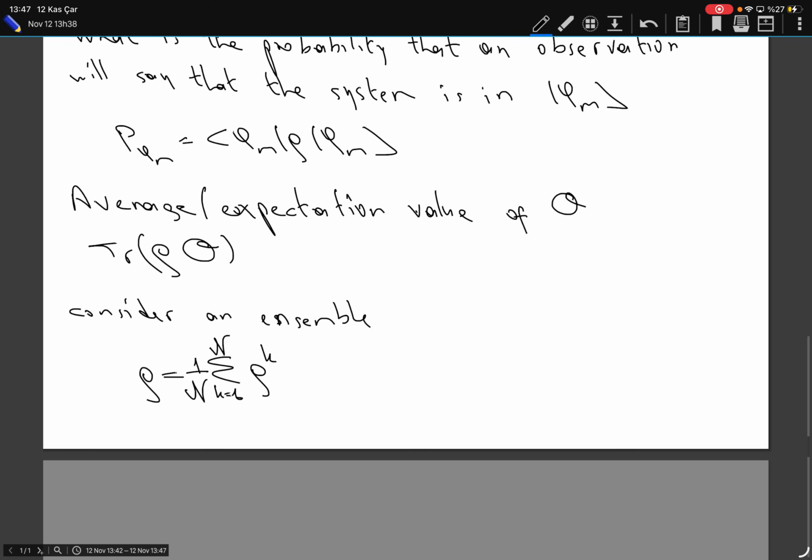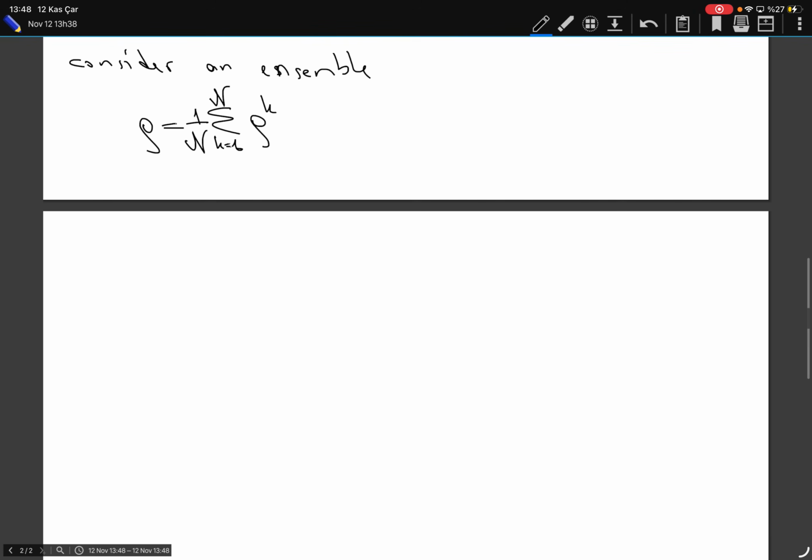Now the next thing we will do is, okay, we define the density matrix, we know how to use it, etc. But what is the density matrix? How can we obtain the density matrix for, I don't know, the microcanonical ensemble and the grand canonical ensemble? So let's start with its time derivative, let's say 1 over N sum over k from 1 to N of rho k dot.